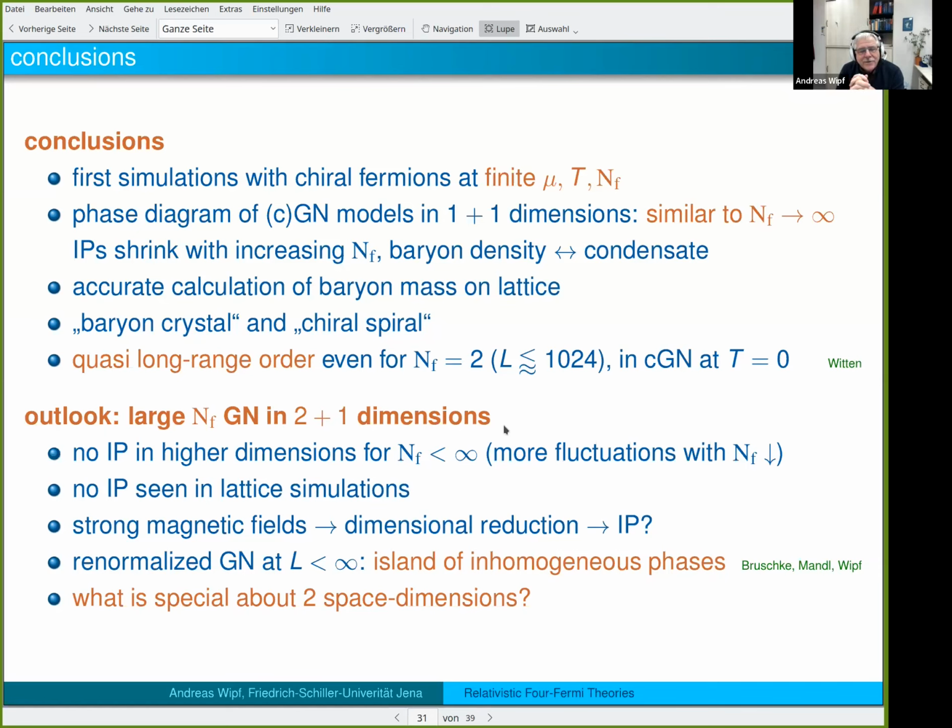If you look at the earlier reviews, people really believed that in 3 and 4 dimensions, these models show an inhomogeneous phase. You can even find it written in reviews. And it's true if you keep the UV cutoff. But if you remove the cutoff, these structures go away. That is certainly true. I wouldn't say more, but it sheds some doubt on the conjectures about this part of the phase diagram of QCD.